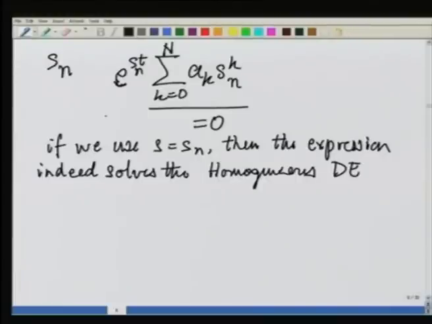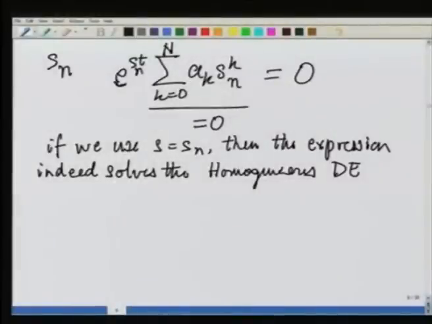Thus, after I have put S equal to S n in this entire expression, e to the power S n t times summation k equals 0 to capital N a k S n to the k, this entire thing evaluates to 0, because as I said the polynomial factor evaluates to 0. Thus, we seem to have found a solution to the differential equation.